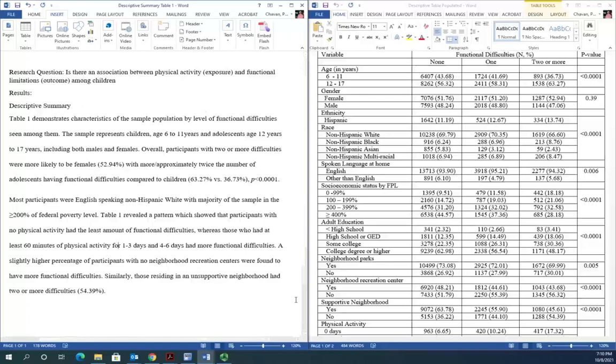When you're writing your descriptive summary, do not directly pick the words which are there in this particular table. Try to use scientific language, which will form a nice complete sentence, instead of picking the response category variables directly, which are given by NSCH.